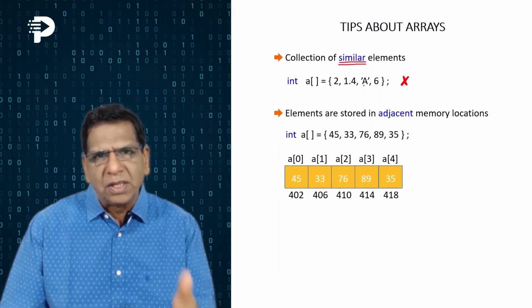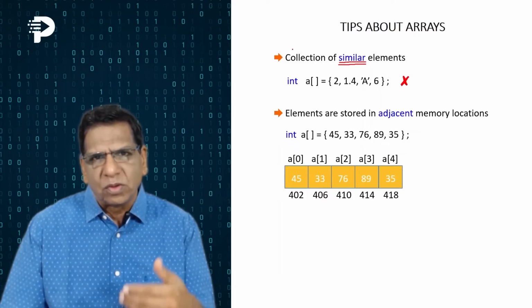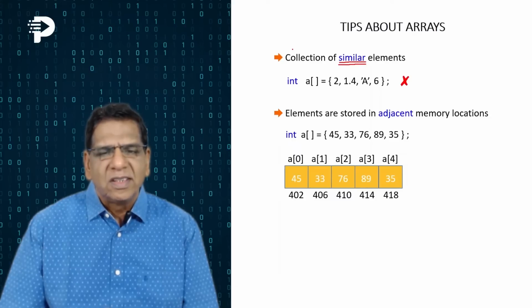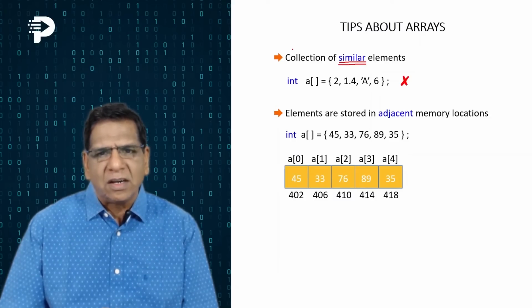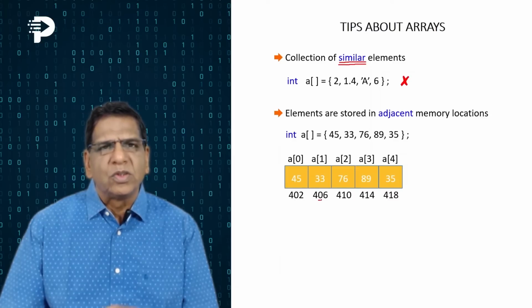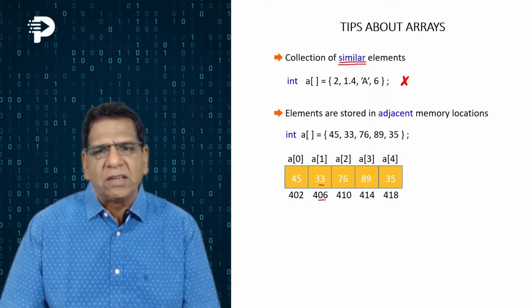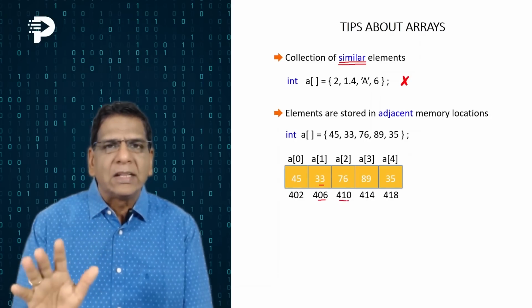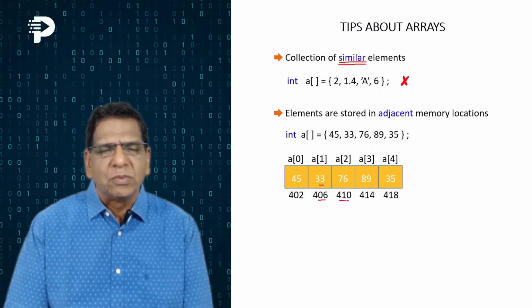So even though it begins at 402, it is occupying 402, 403, 404 and 405. That is why the next element is starting at 406. This 33 will occupy 406, 7, 8 and 9. That is why next element starts at 410. So on and so forth. So it is guaranteed that all array elements would be stored in adjacent memory locations.